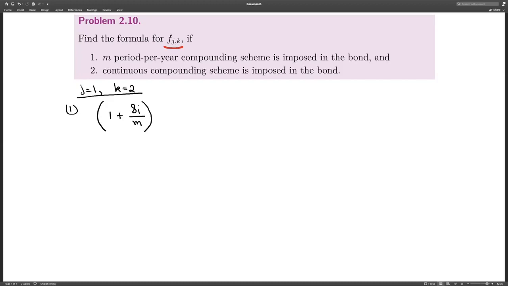That is why we are dividing S1 by m, because S1 is an annual spot rate. And since we have m periods per year, the spot rate for the first year is like this. Then in the second year, you go for a forward rate, which is from year 1 to 2, and that is divided into m parts, to the power of m.